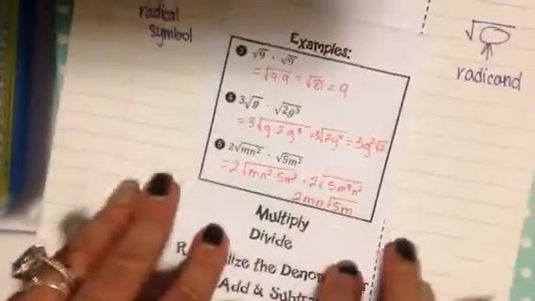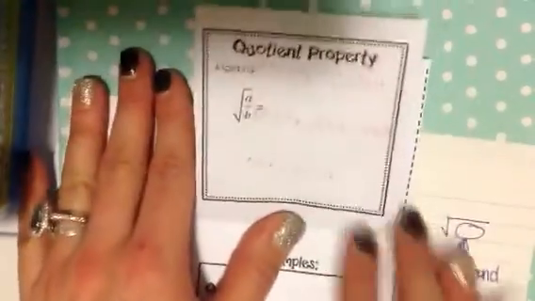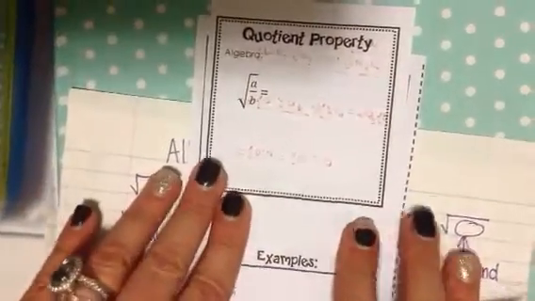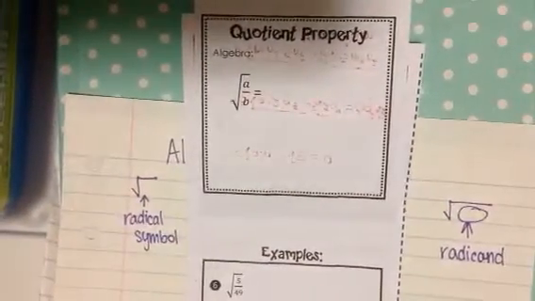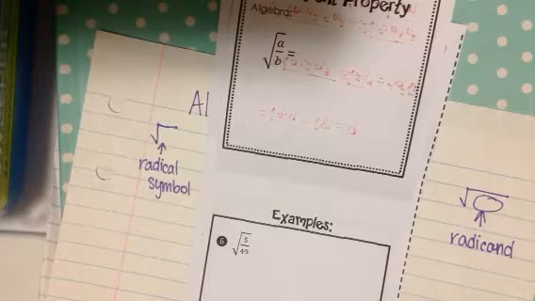Let's take a look at divide now. So we go ahead and open this back up again. Now we see we've got the quotient property. This is very similar to what we had for the product property. And we can go ahead and separate this fraction up.